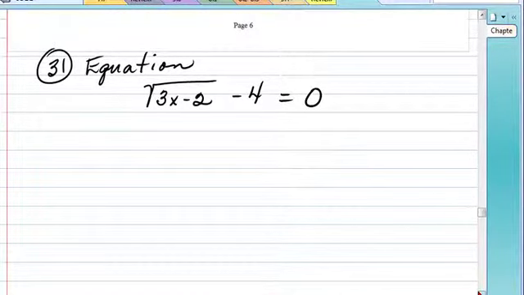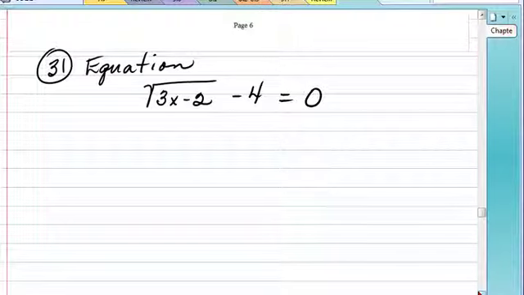The only thing that's really different about radical equations is that you have to check your answers. Do you remember back when we were doing chapter 7? We had equations with fractions and we had to worry about domain issues? Well, it may not truly be a domain issue with this, but when you square, we're going to do some squaring.